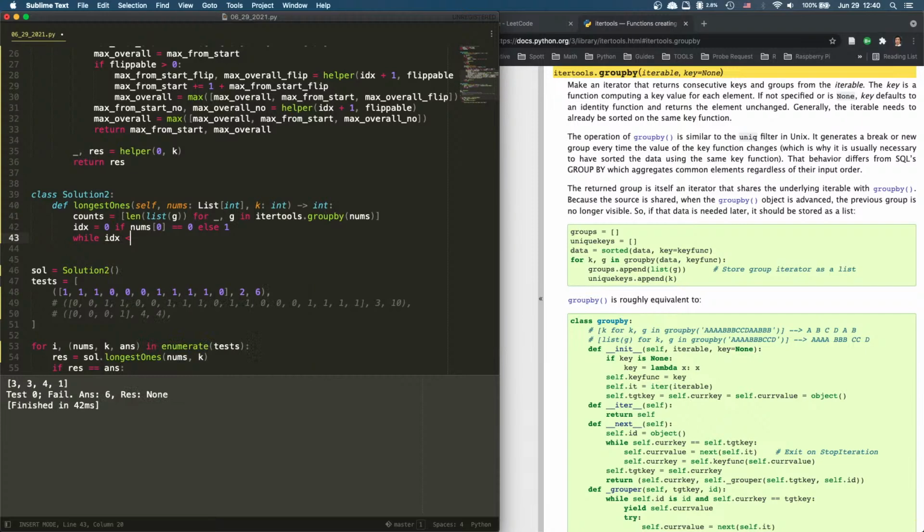We have to go for the last index. It depends, right? If we start with 0, then we're going to end up here. If we start with 1, we're going to end up here. So we're going to say while index plus 2 is smaller than len counts.